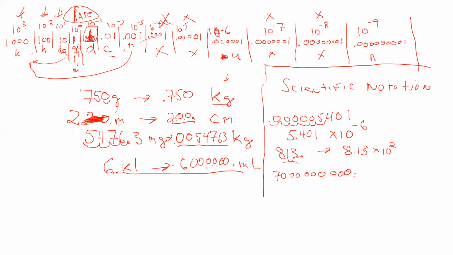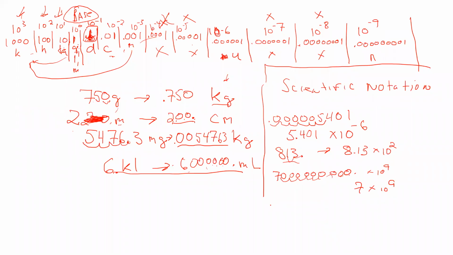This is going to be a very large number, right? So it depends where the decimal place is. The decimal place is here. You go backwards. So it's 10 to the 9th: 1, 2, 3, 4, 5, 6, 7, 8, 9. So it'd be 7 times 10 to the 9th.